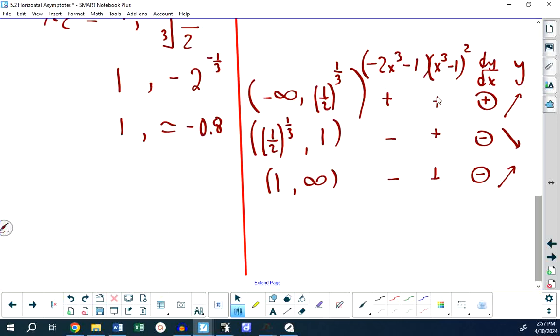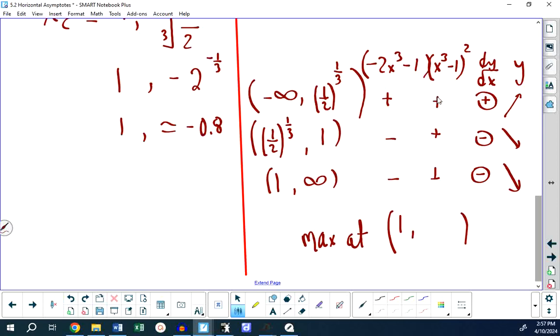Which means we can add something to our list. The thing we can add to the list is that we have a maximum at 1 comma something.